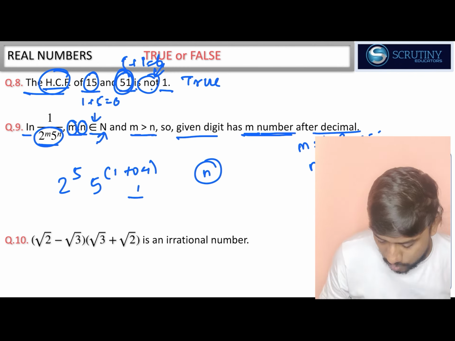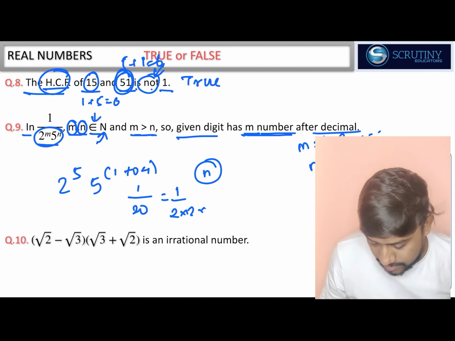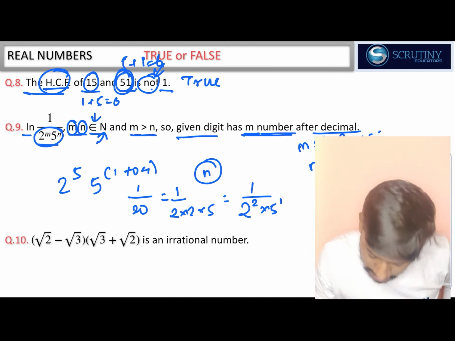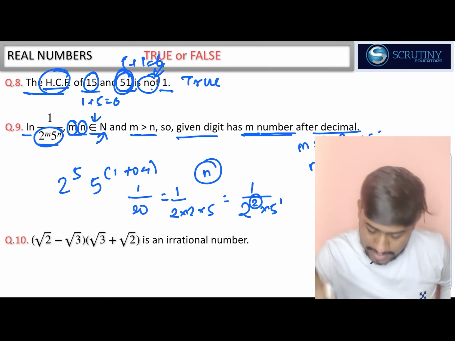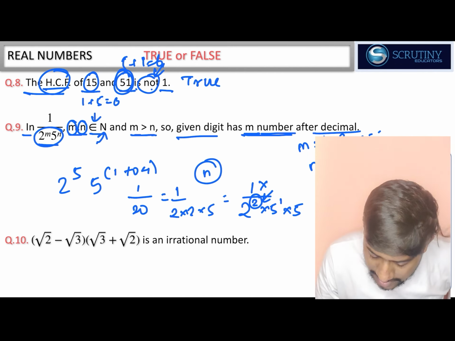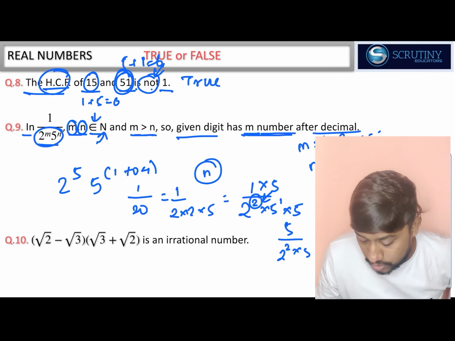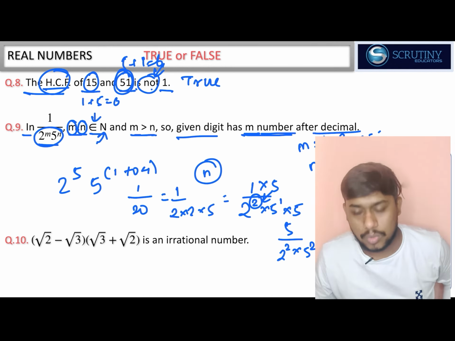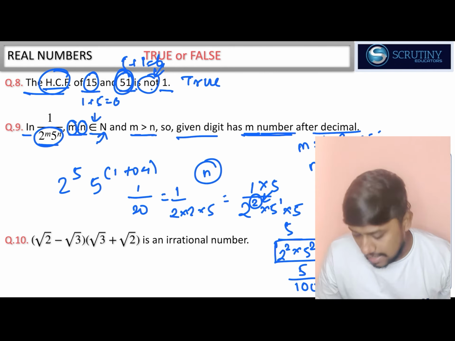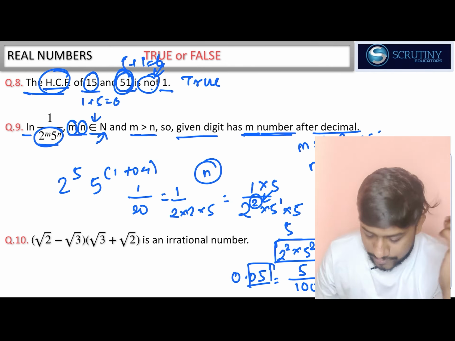Here 2 has the greater power, so if I multiply by 5 again, I get 5 over 2 power 2 and 5 power 2, which is 5 over 100. This value is 0.05. After the decimal we have 2 digits, right?